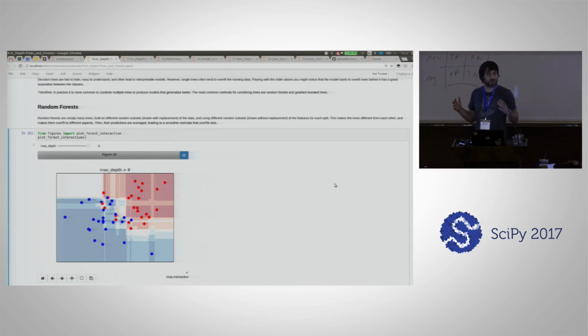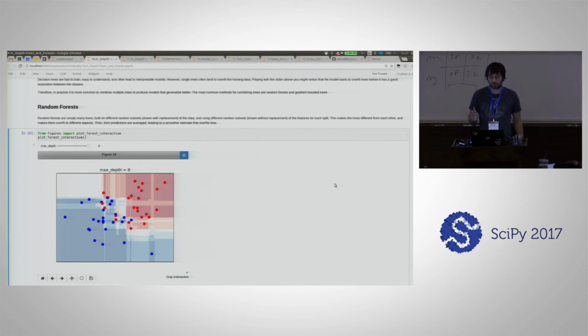So for each tree, I create a new data set that's as big as the original one, but some samples don't appear and some appear multiple times. So in expectation, about, I think, 66% of the data will appear in each tree. This bootstrapping means that every tree sees different data, and so they will be different.